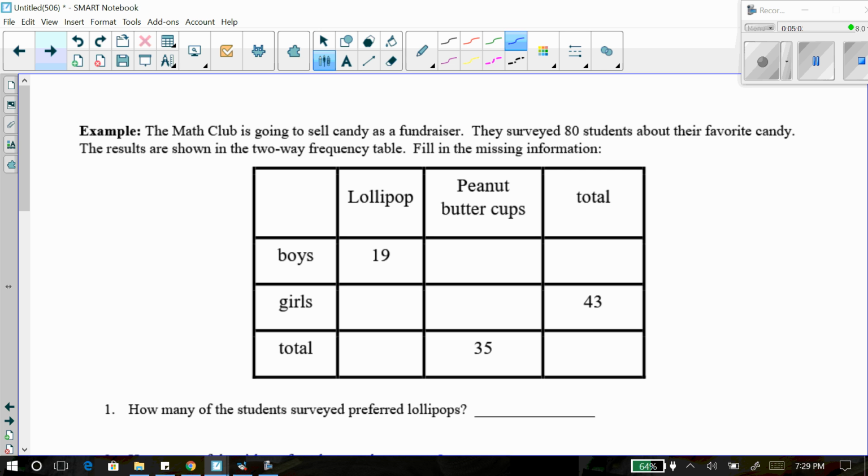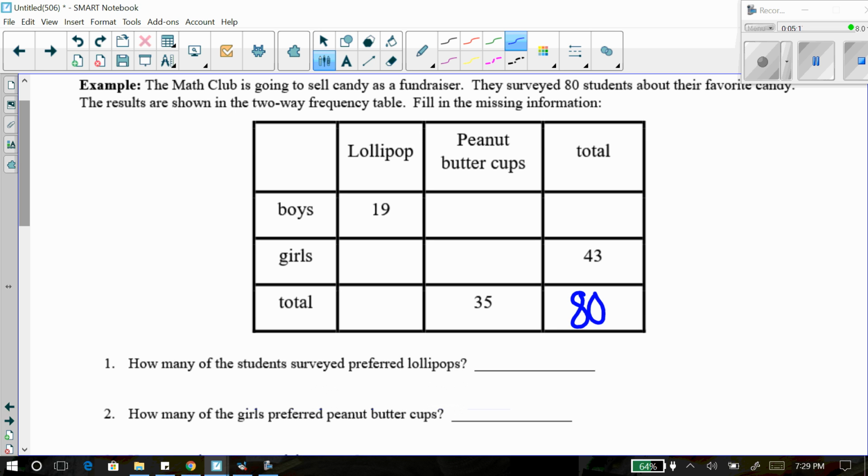They surveyed 80 total students. So we know that the number there should be 80. Everything should total up to a grand total of 80. Let's see if we can't fill in the missing blanks. Well, let's start here. Something plus 43 is 80.